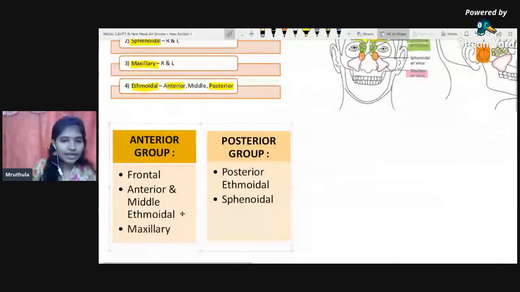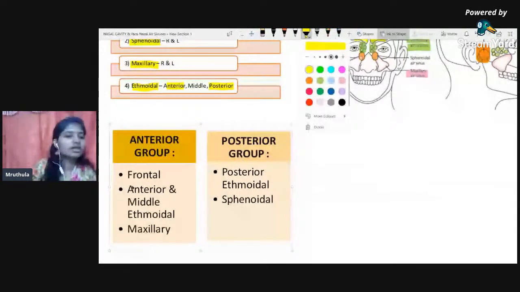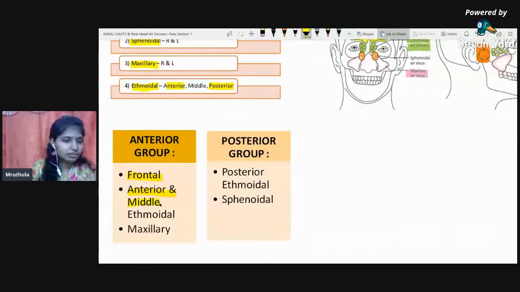The anterior group is formed by three sinuses: the frontal sinus, the anterior and the middle ethmoidal sinus, and the maxillary air sinus.